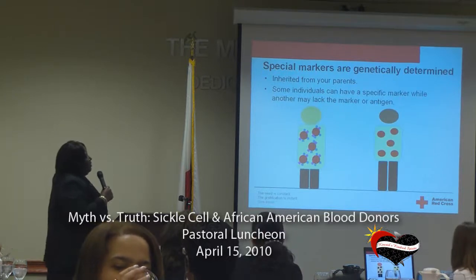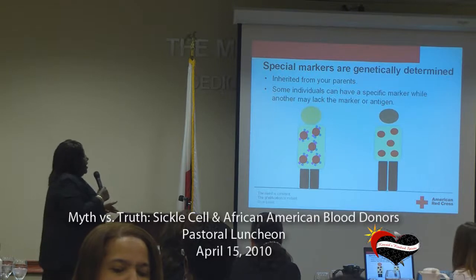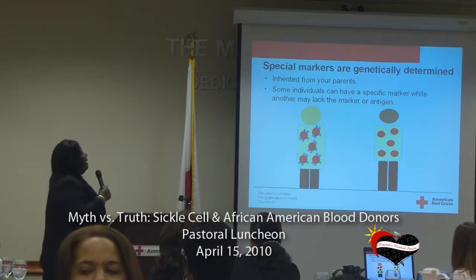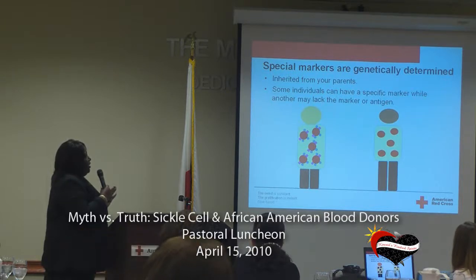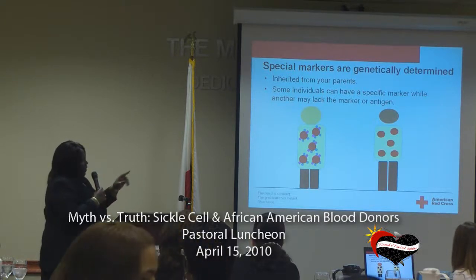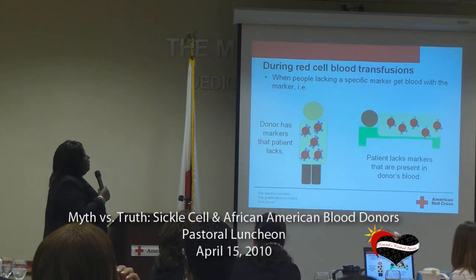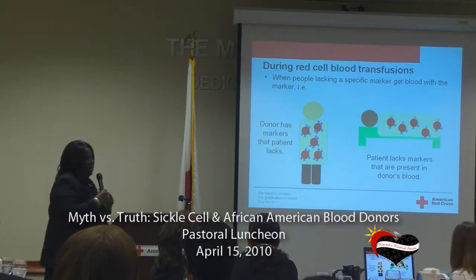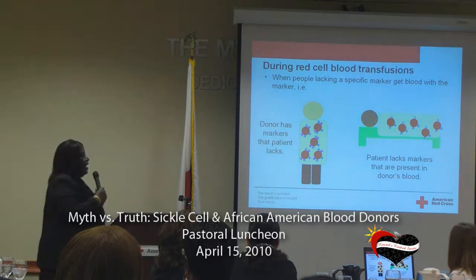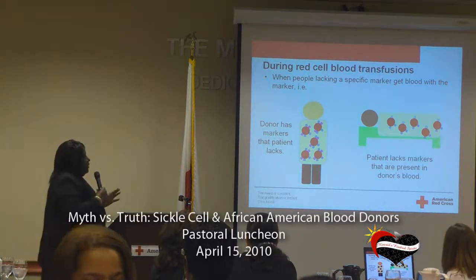The special markers, as you see in the little pictures here: person A, on the right, has different red cell markers on their cells. Person B on the left does not. When person A donates blood to someone who does not have those markers, there's something that can happen.